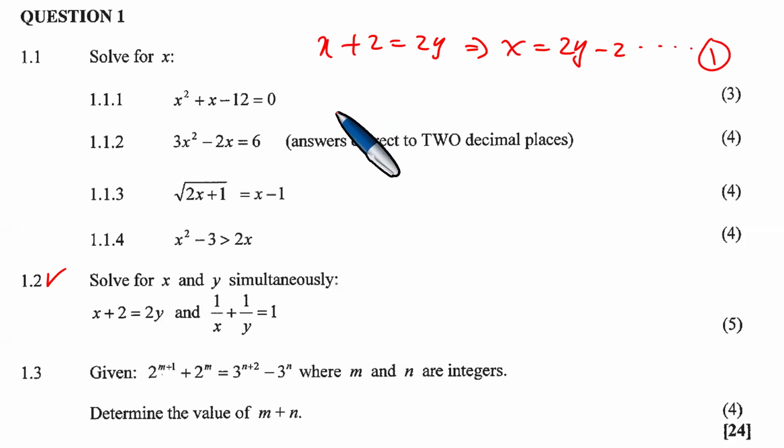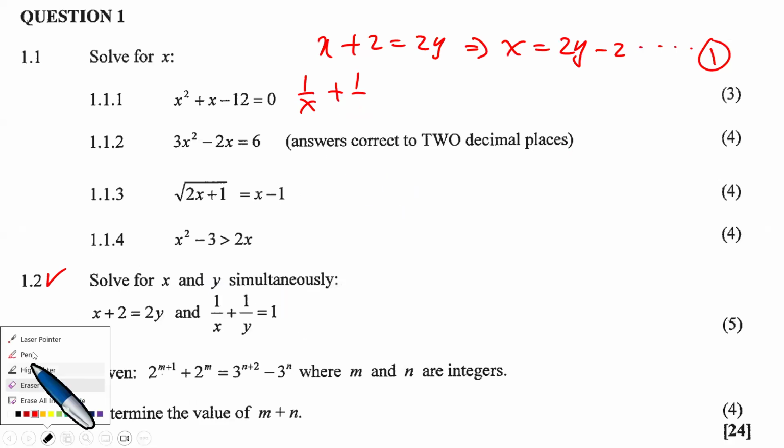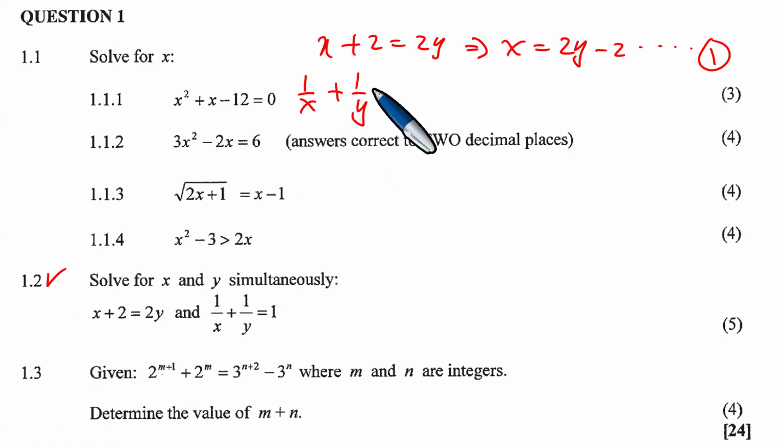Simultaneously, we have the second equation: 1 on x plus 1 on y, which is exactly 1. Let's take a look at this. If it's 1 on x plus 1 on y, and the result is equal to 1, what does this mean? We take the LCD, which is xy.